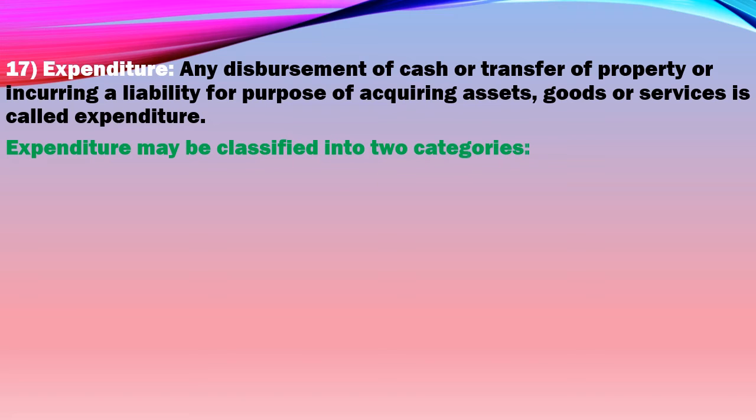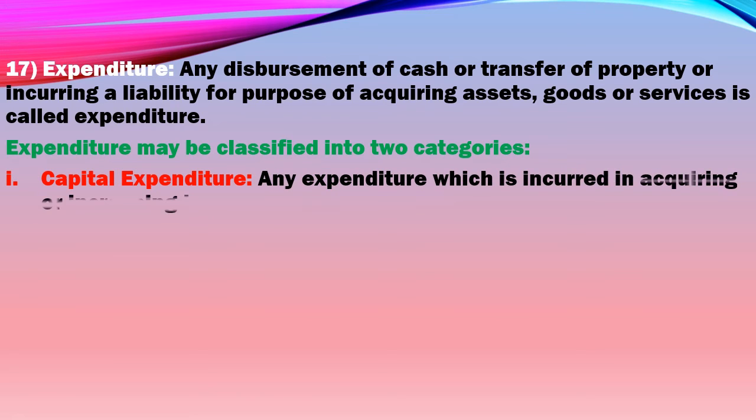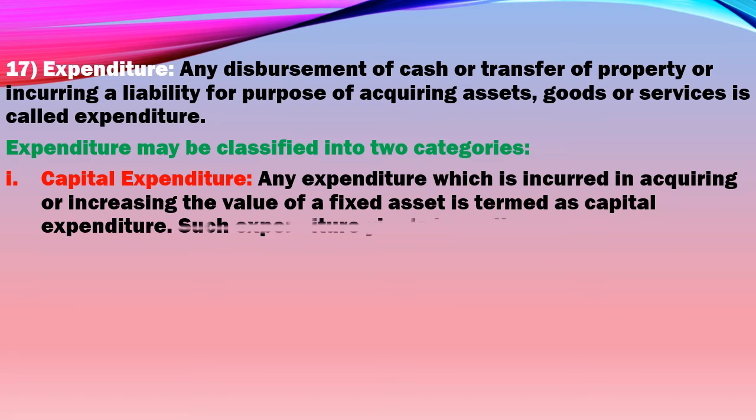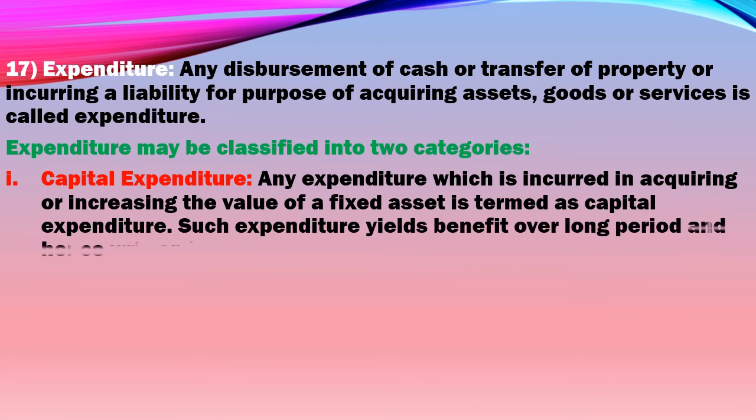Expenditure may be classified into two categories. The first one is capital expenditure. Any expenditure which is incurred in acquiring or increasing the value of fixed asset is termed as capital expenditure. Such expenditure yields benefit over long period and hence return in asset. So here you can see that when you do the capital expenditure, you are acquiring or increasing the fixed asset.